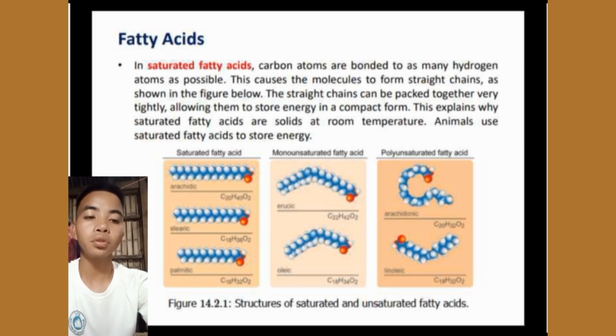This is why saturated fatty acids are typically solids at room temperature. Foods high in saturated fat include meat, dairy products, and coconut oil. So those are the saturated fatty acids.